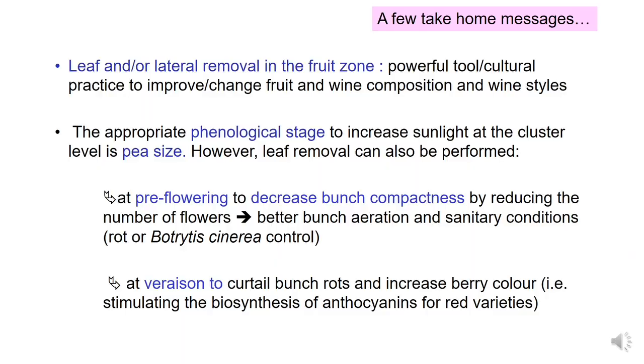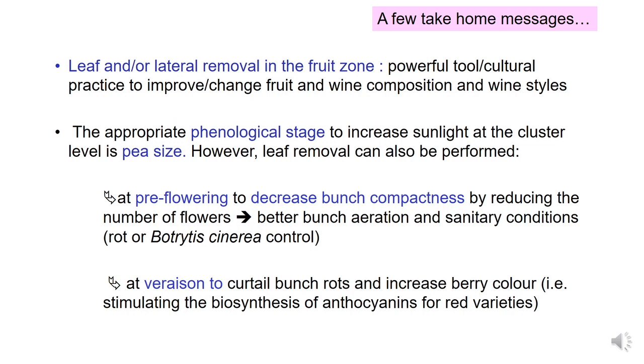So what do we have in the toolbox to change the fruit zone microclimate? Obviously, leaf and lateral removal, or both, are powerful tools or cultural practices to change fruit and wine composition and wine styles.